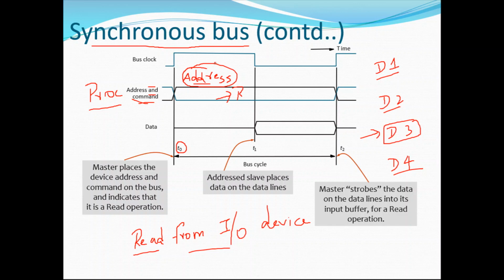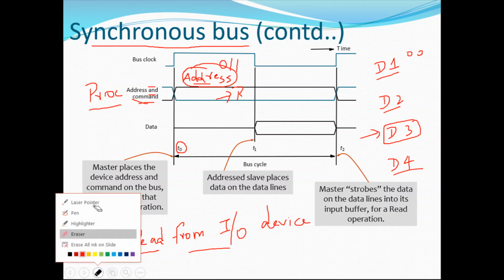Okay, let us say the device addresses are like this. This is 000, this is 001, this is 010, and this is 011, and this is 100.